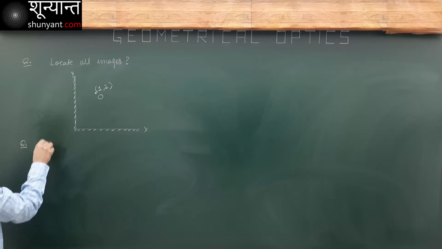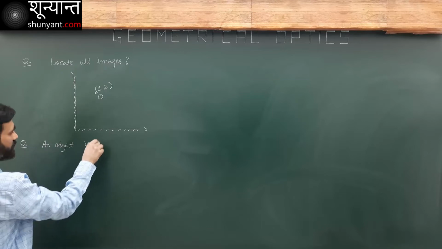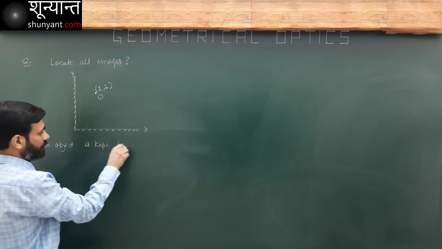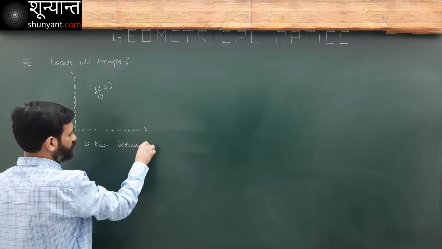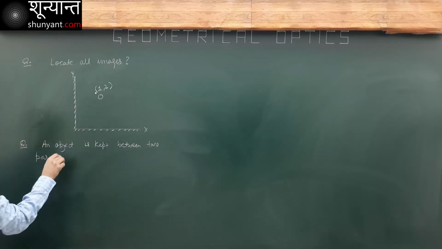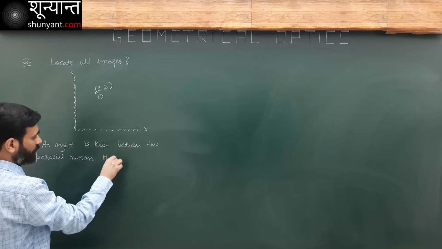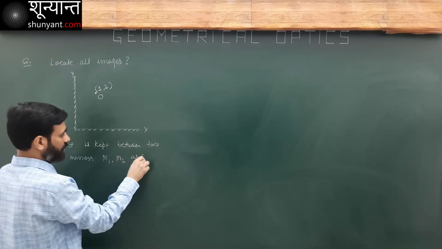An object is kept between two parallel mirrors M1 and M2 as shown.